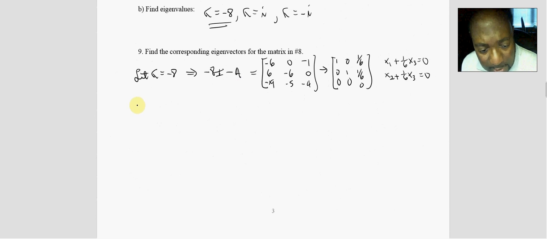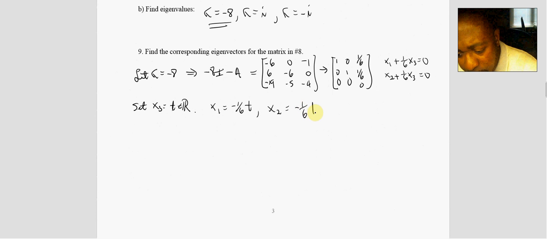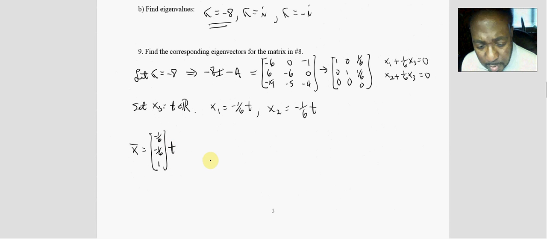So we set x sub 3 to be some arbitrary number t. And so that means that x sub 1 is equal to negative 1/6 t, and x sub 2 is equal to negative 1/6 t. So here, the eigenvector that we want is x sub 1 is negative 1/6, x sub 2 is negative 1/6, and x sub 3 is 1, times t.